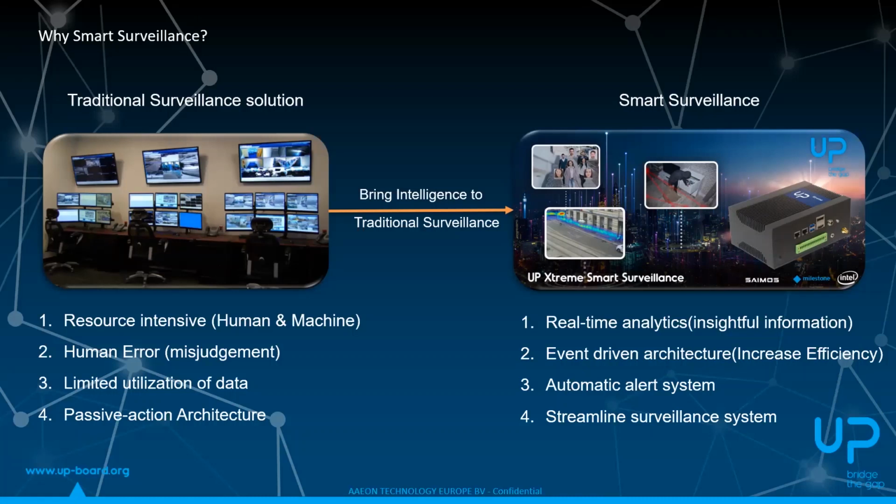Besides, currently, cameras worldwide collect 1 million gigabytes of data a day. It's a shame that we only utilize a very limited percentage of that data. Last but not least, we usually act passively within a traditional solution. For example, you may find out your car disappeared the next morning when you are about to go to work. Then you start looking through hours of video to try to find out what happened last night.